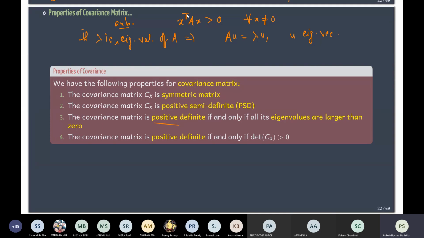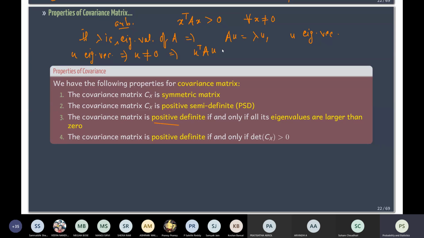You are supposed to use this property. Now u being an eigenvector implies u must not be 0, because eigenvectors are never 0. So then you take x to be u itself, and we have u transpose AU.